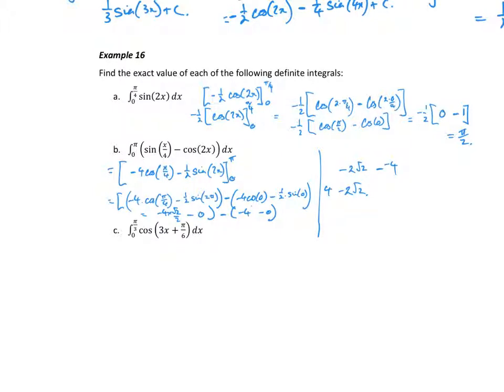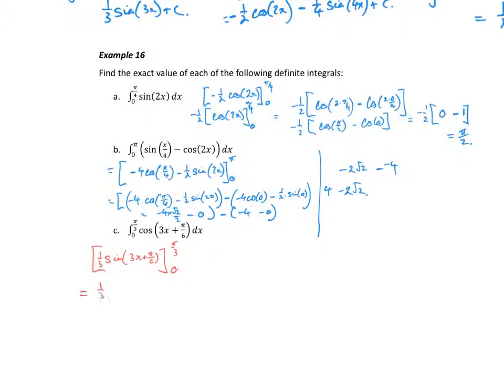Okay, same thing, integral of... now the antiderivative of cos is positive sine, so I get sine. K value is 3, so I get 1/3 sine of (3x plus pi on 6), evaluated between pi on 3 and 0.